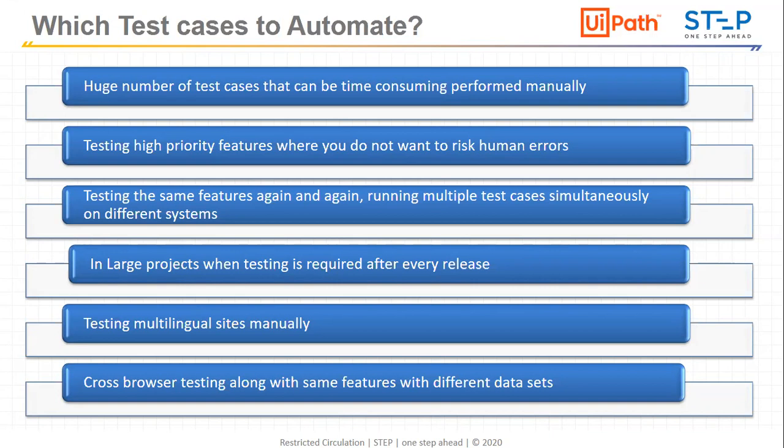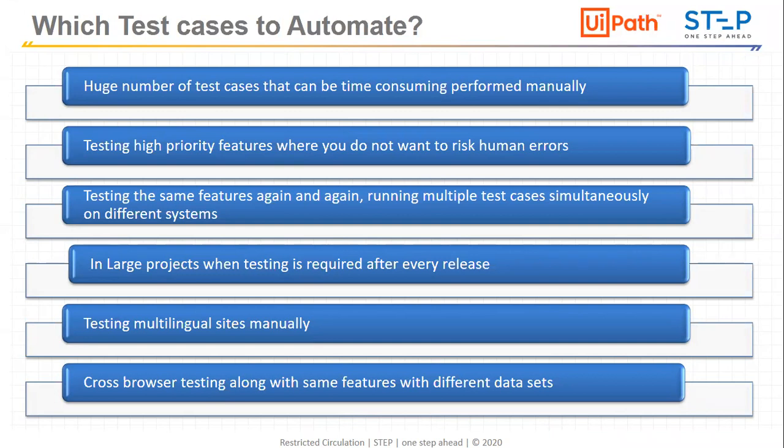Then it is very difficult for that person to check manually all the test cases, all the combinations and rules. So that's the reason these types of test cases are very good candidates for test case automation.